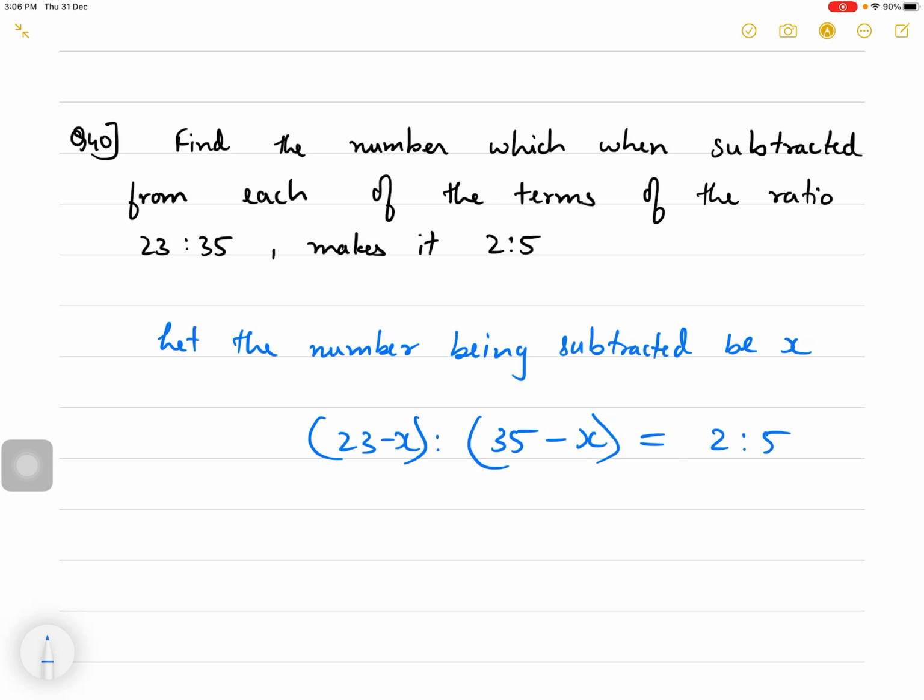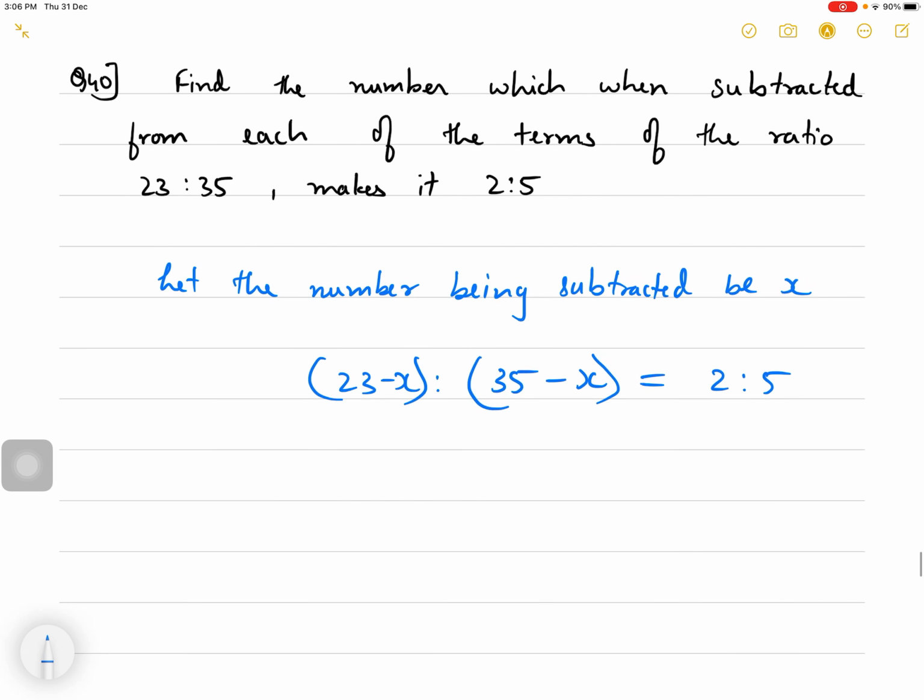This is given. And you are supposed to find the number which, when subtracted from each of the terms, so let the number being subtracted be x. You are supposed to find the value of x.